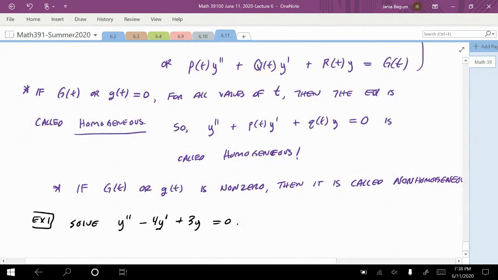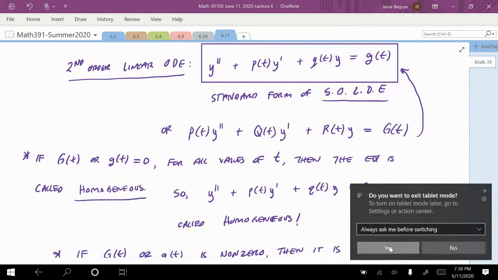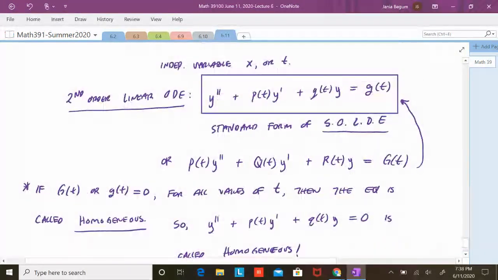Any questions? What did you say the difference between the capital G of t and the lowercase g of t was, if there was? So there's no difference between them. It's just the way I wrote the standard form and the one below, where the coefficient of y double prime is 1. That's the only difference.